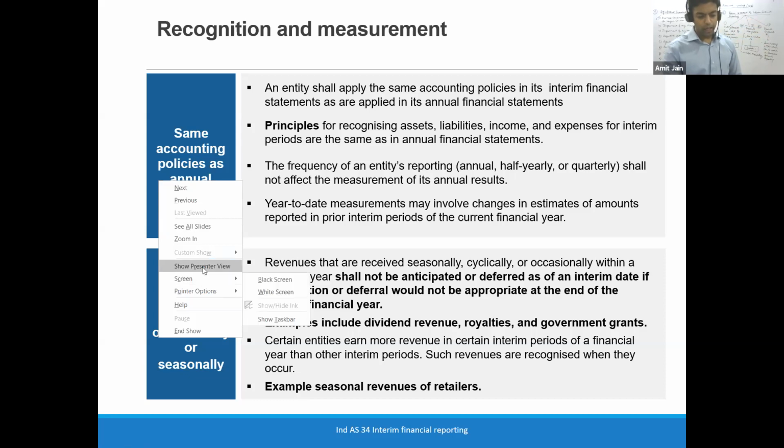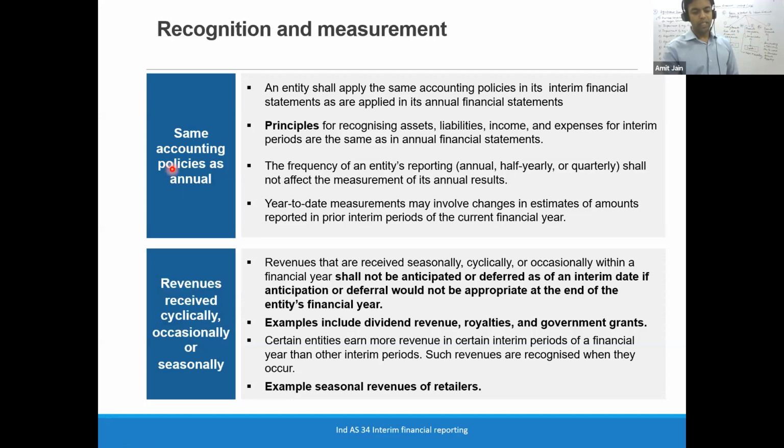First point is, let me open the pointer as well, right? First point is same accounting policies as that of annual. That means when the company is presenting its interim financial reporting, the company has to use the same accounting policies which the company is going to use in its annual financial reporting.